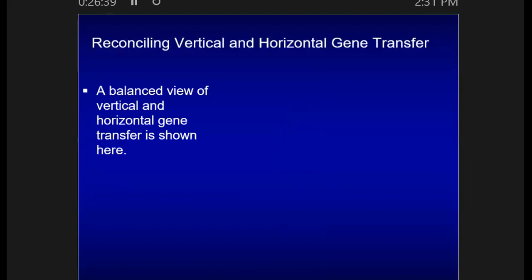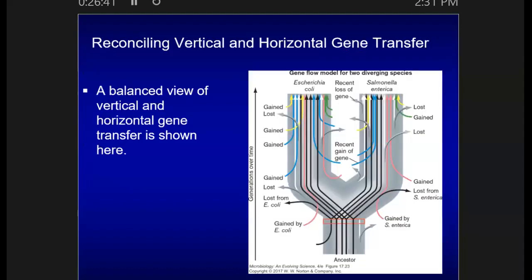And I like this image too, because it's a pared down kind of tree idea. But I like how they include that there's gain of genes and loss. I think that's important to think about, especially in the microbial realm. Microbes are really quite agile, adept at saying, yeah, I'll take this gene and incorporate it.